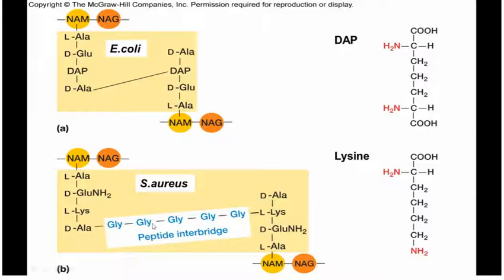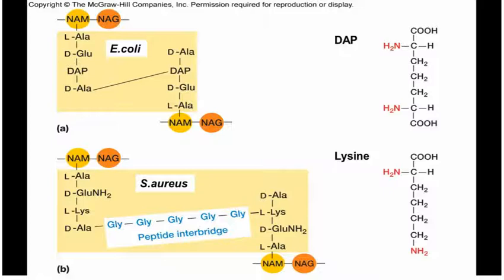Whereas in many gram-positives, the amino acid in position 3 is lysine, and the linkage is not direct, but through a glycine bridge. That's because the peptidoglycan layer here is very thick, so it's useful to form linkages over a bigger distance, whereas in E. coli and other gram-negatives, the peptidoglycan is very thin.